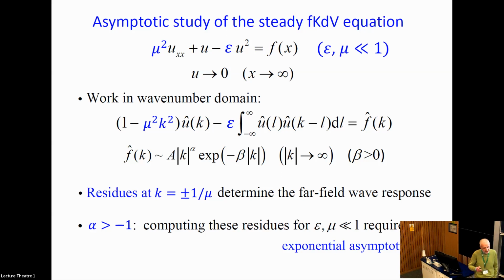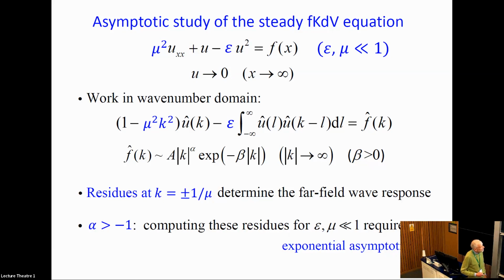But if the forcing has kinks, like half a cylinder and so on, then it doesn't include it, because in that case, the Fourier transform drops off algebraically. Anyway, the message here, of course, is that the residues here determine the far-field wave response.